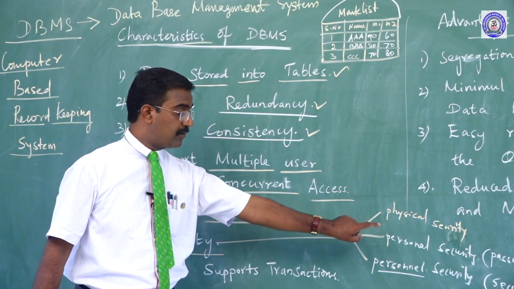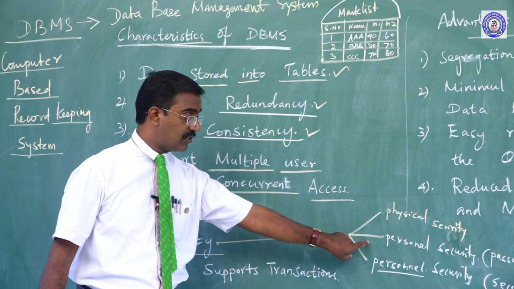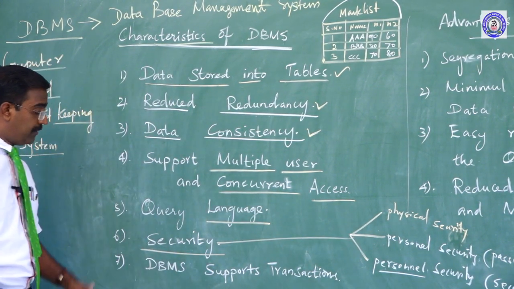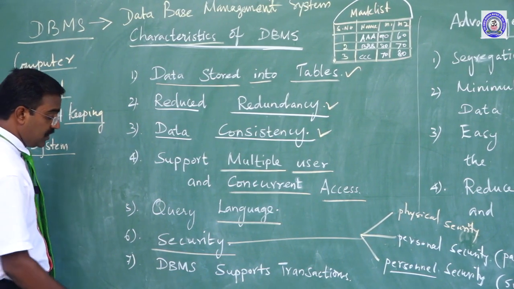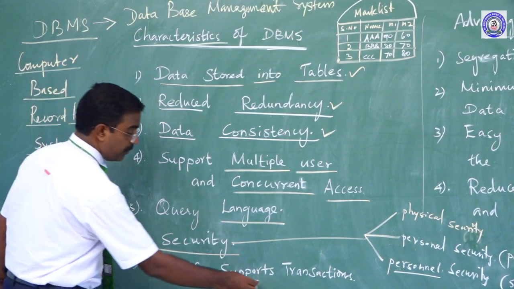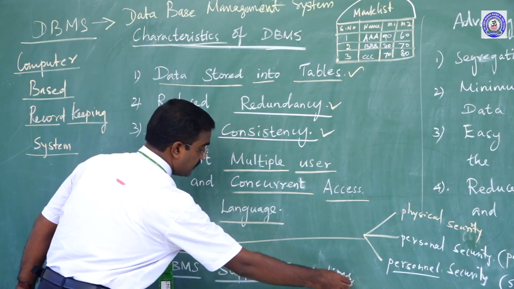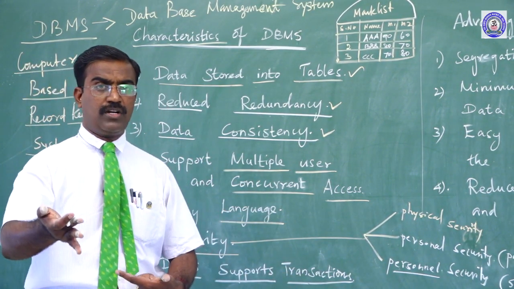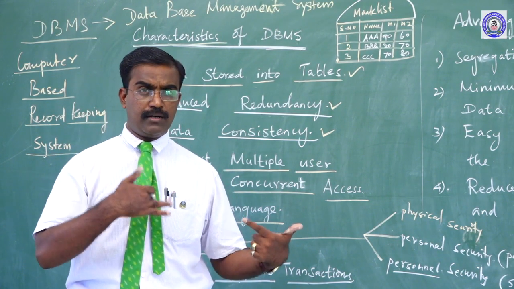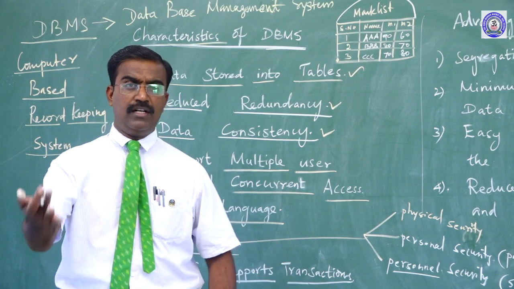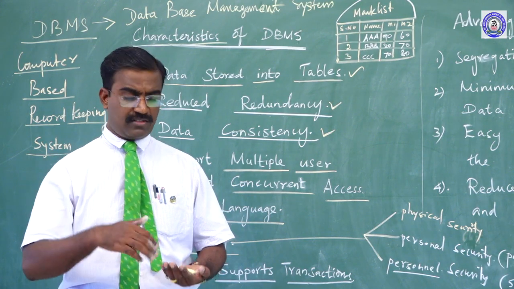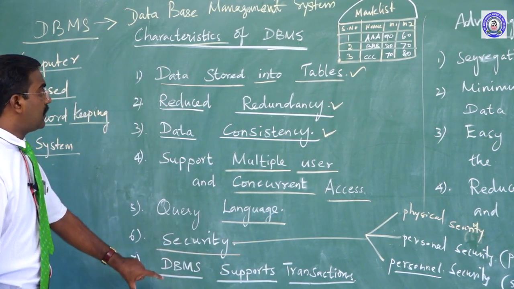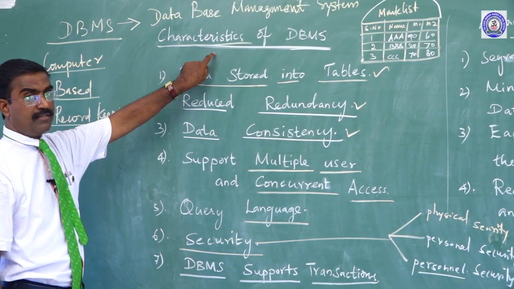But personal security means security as a person. That is why. Now, next, DBMS supports transactions. The marks, if you get marks, are sent outside, as the school management sends marks to the children or parents. How will they see them? These are the characteristics of DBMS.